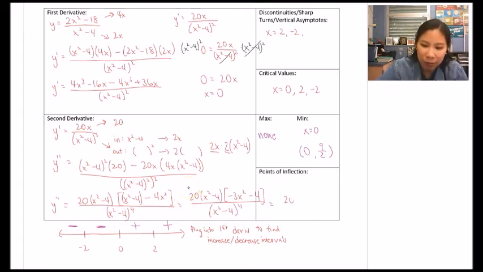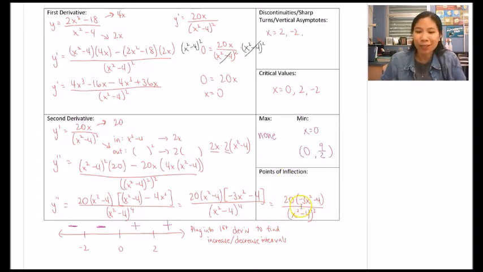So really I'm going to end up with 20 times negative 3x squared minus 4 over x squared minus 4 to the 3rd power, because this can cancel out with one of these. So now that we have our second derivative, we can set this equal to 0 to find our points of inflection. Ooh, what a process.